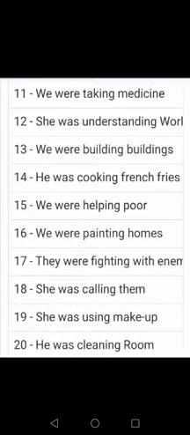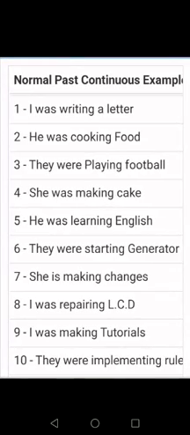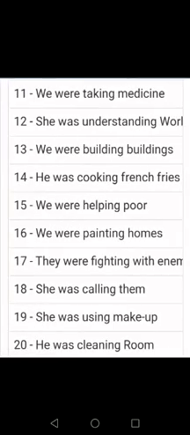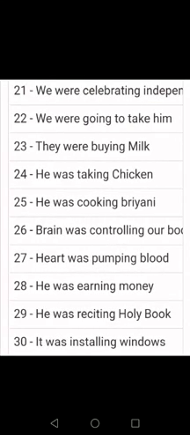You have to complete all of these on your notebooks. This is the past continuous tense, the passive of the past continuous tense, and this will be your homework.